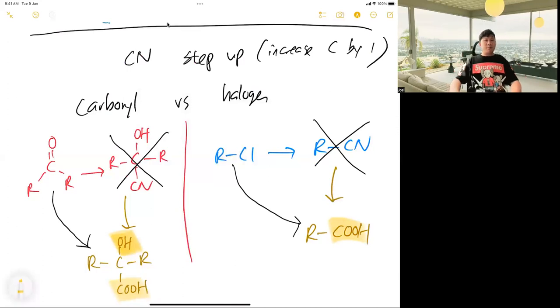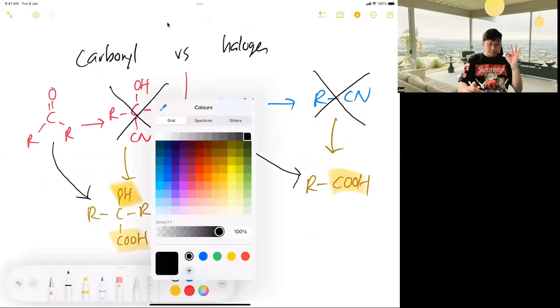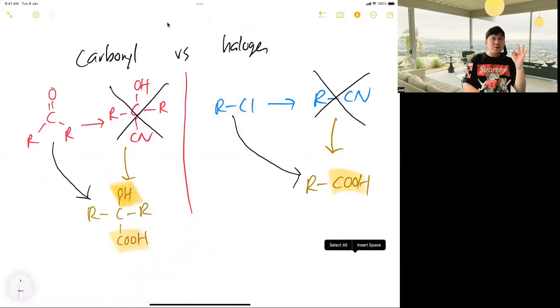But not only COOH, CN can be what? CN can be COOH, can be COO minus, and what's the last one? CN got 3 destinies, 3 paths. The reduction of CN can be what?